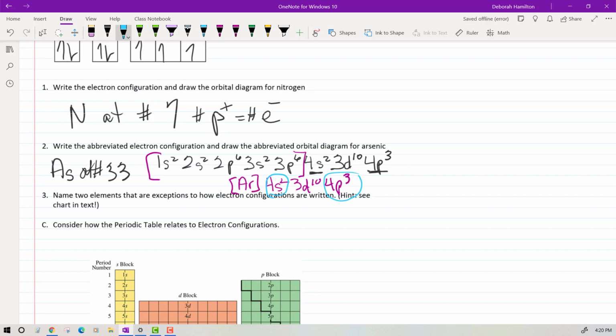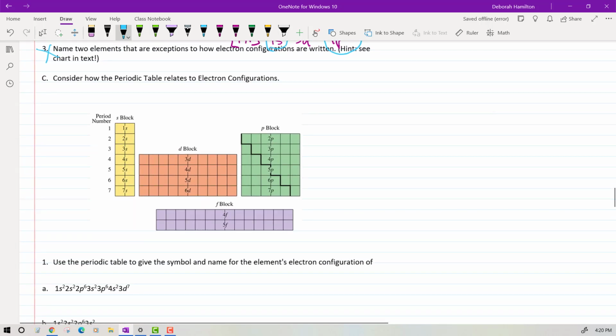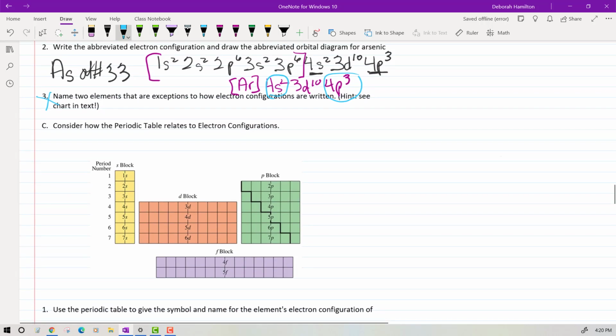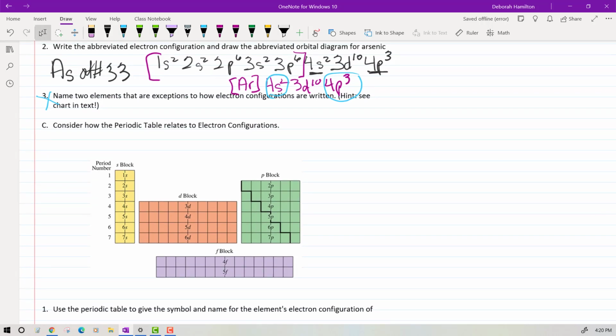I'm going to skip this because we're going to come back to it in just a few minutes in another question. The way I did the electron configuration here was by using the blocks on the periodic table. Elements in these first two blocks, the alkali and alkaline earth elements, fill electrons in on their s sublevels to finish them off. 1s1 is hydrogen, lithium ends in 2s1, sodium ends in 3s1, and so on down the column.